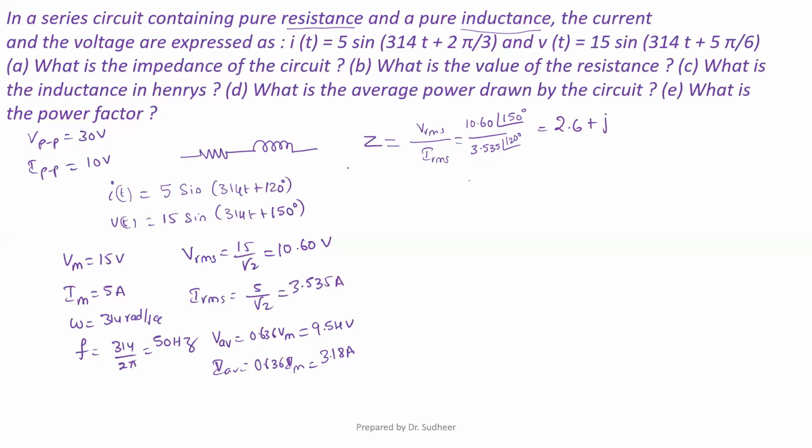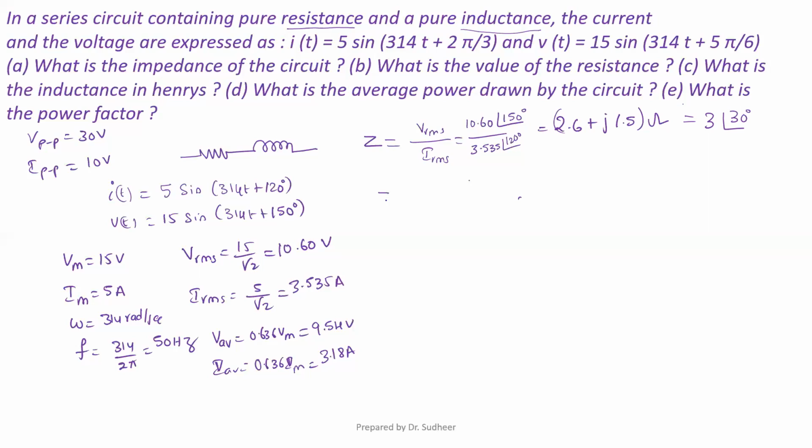I am taking it as 2.6 plus j 1.5 ohms. So it is simply an RL circuit, or else you want it in polar form, so you can shift, convert that into polar form. You are going to get it as 3 at an angle of 30 degrees.